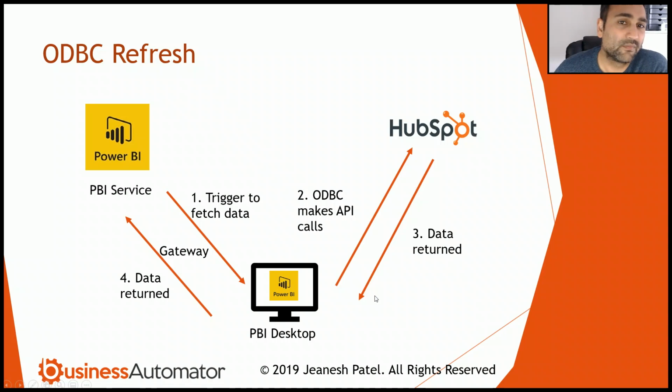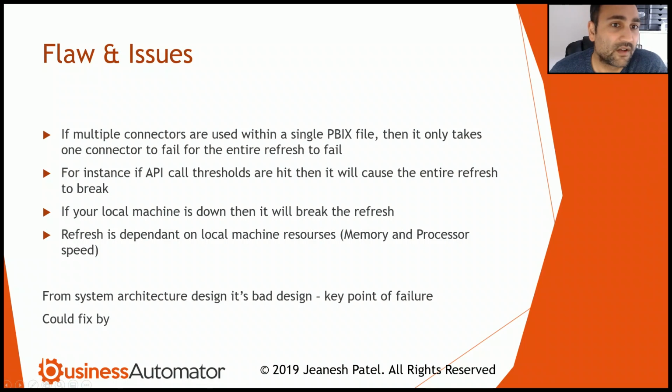This has some limitations because your computer effectively has to be on all the time, and multiple connectors don't tend to work very well. And also, the way that Power BI refreshes work, it only takes one connection to fail. So it could be one API call that's timed out. It could be that API call thresholds have been hit, which will cause that refresh to fail.